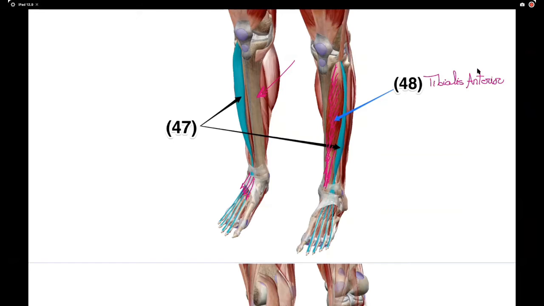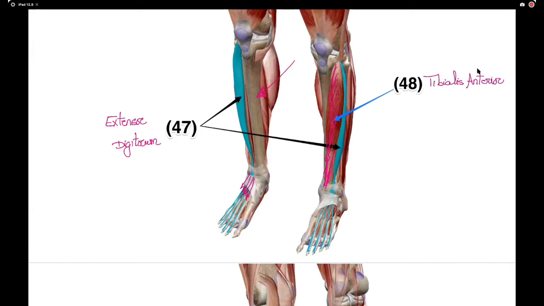Extensor digitorum. I'm performing a dorsiflexion, which corresponds to an extension, so it's going to be considered an extensor digitorum. But remember, we've seen another extensor digitorum in the forearm.